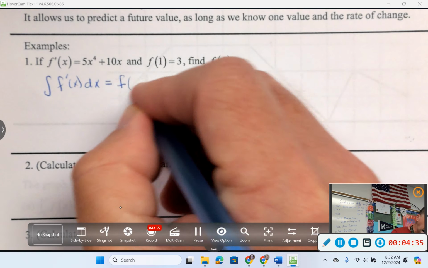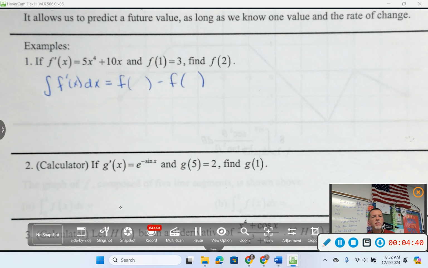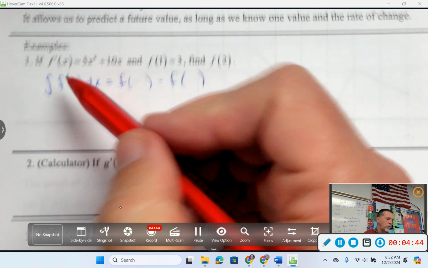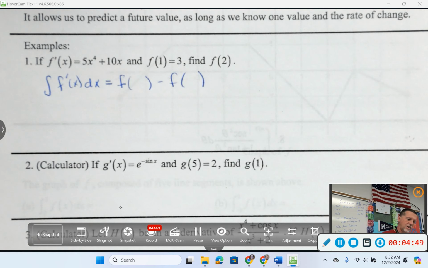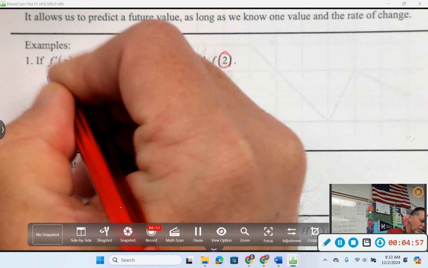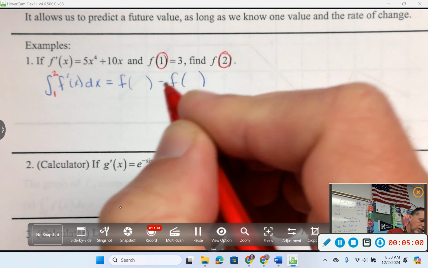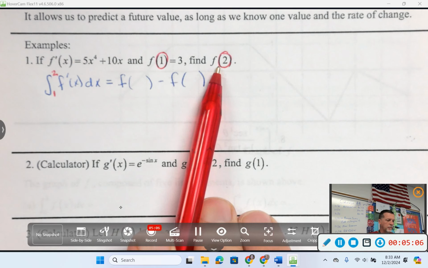And I've got values here, so top minus bottom. Now, what values of x do you think I should use for my limits? Where did 1 and 2 come from? I agree with you. Yeah, those are the x values that we have, so let's use 1 and 2, because those are the x values that we are given in this problem.